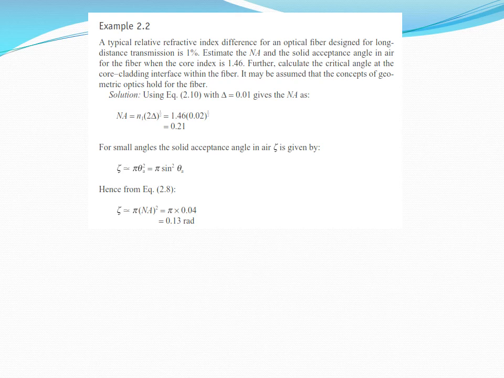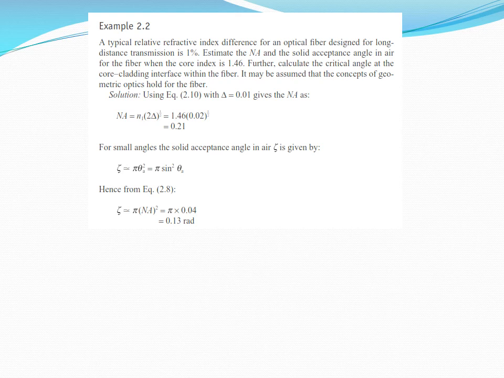Similarly, we have another equation which has to be noted for finding the solid acceptance angle, which is equal to pi into theta a square. This gives me the solid acceptance angle, which is represented as zeta. I just replace it by pi into sine square of theta a.